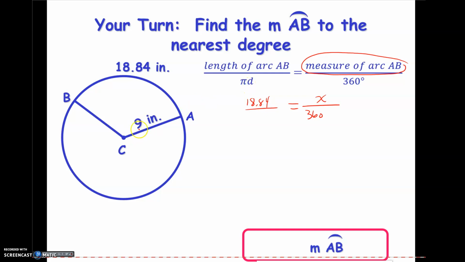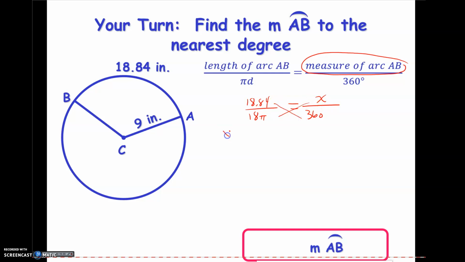And so my circumference, I have a radius of 9, which means here I'm going to get 2 pi times 9. In other words, I can change this to be 18 pi. 2 times 9 is 18. So I'm just going to change this guy down here to be 18 pi, because I just did 2 radii. And now I'm going to cross multiply to get my x by itself.